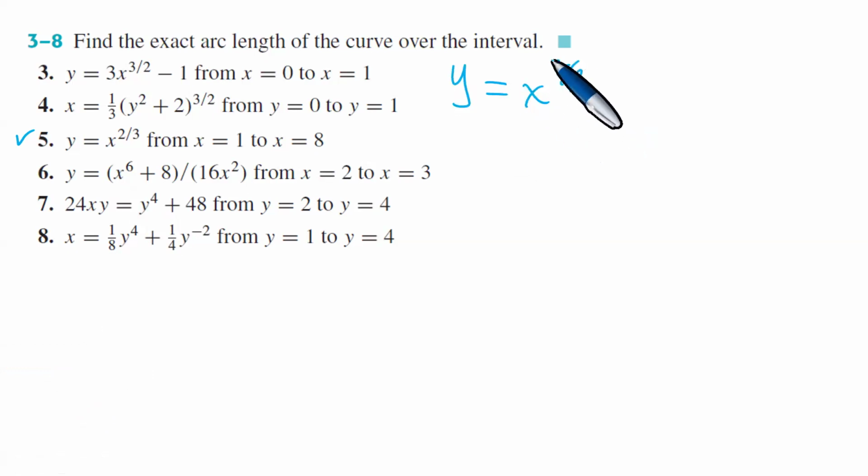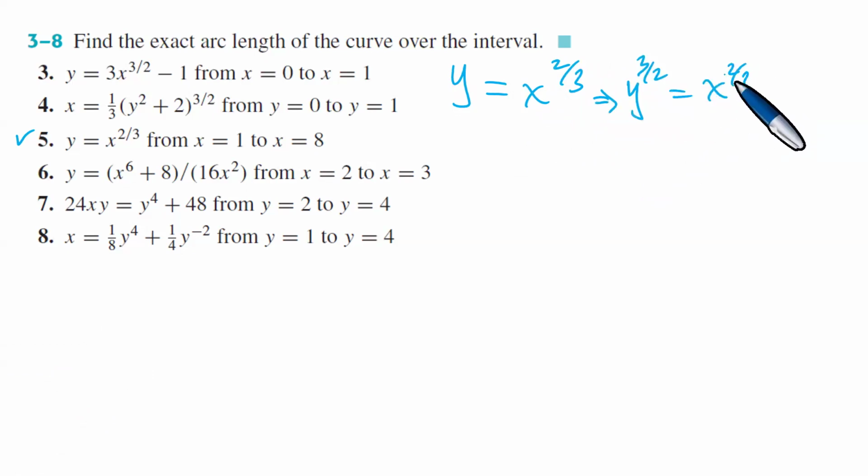But now if you look at this one, it is 2/3. The power is not nice because if you subtract 1 from this through the derivative, it's going to be minus 1/3. That is not the best of things. But now, if you're going to make x a subject, you raise it to the power 3/2.